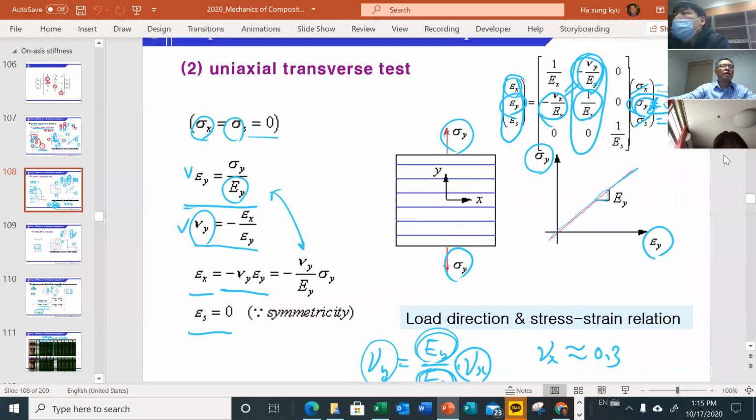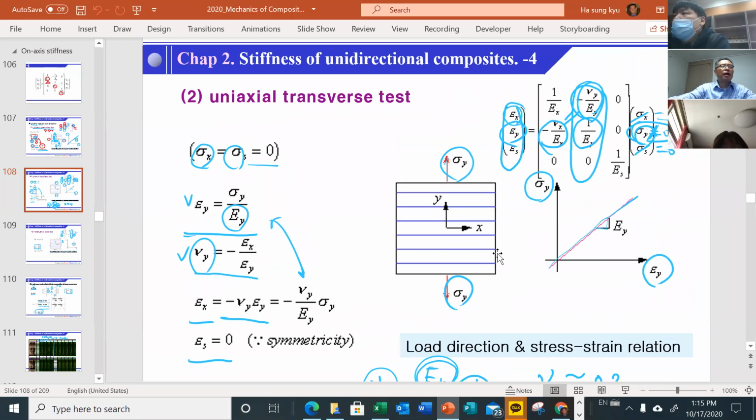Stiffness is that we have an axis which is aligned with fiber. So the x-axis is aligned with fiber direction, and y is perpendicular to fiber direction. So we have x, y. This will be called on axis.